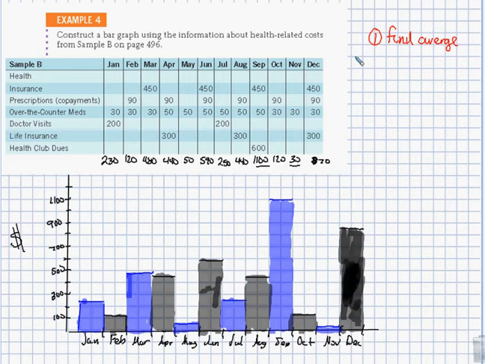That gives us 4520. Divide that by 12. So your average is 376.67 per month. So I would just round that to 380.